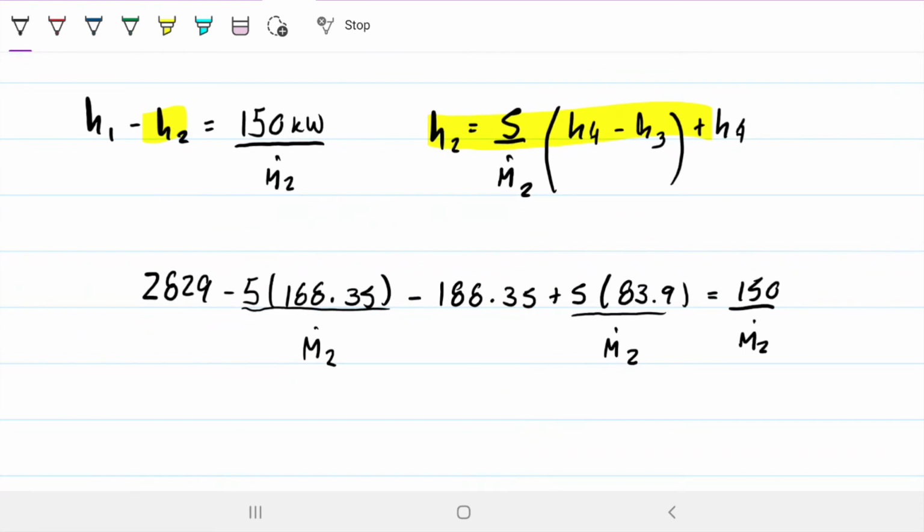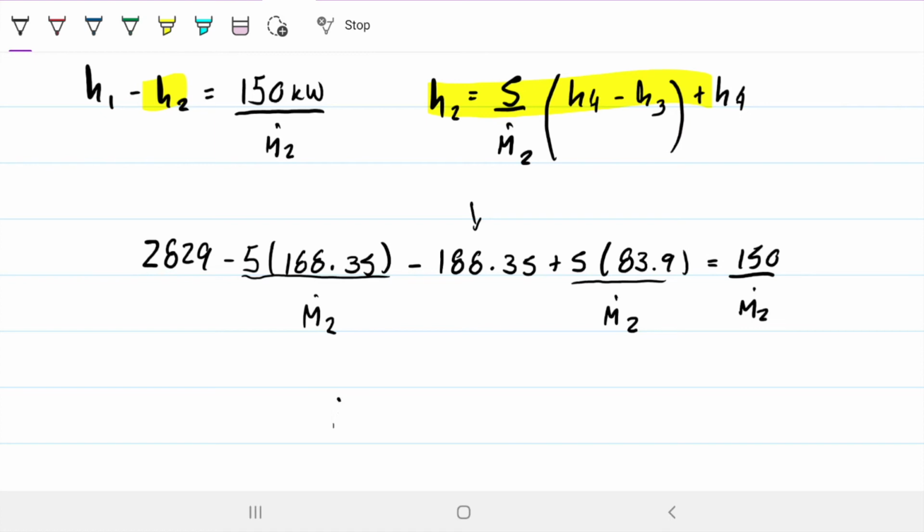So if I multiply everything by M2, I can get it only on this term here and simplify my life. And skipping some steps, which I'm sure you guys can do on your own, I got this to be 0.2545, 77. It keeps going. So let's just approximate it to 0.255.